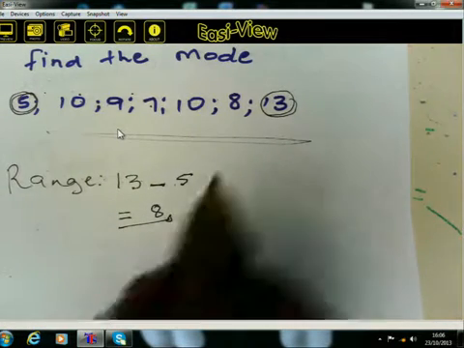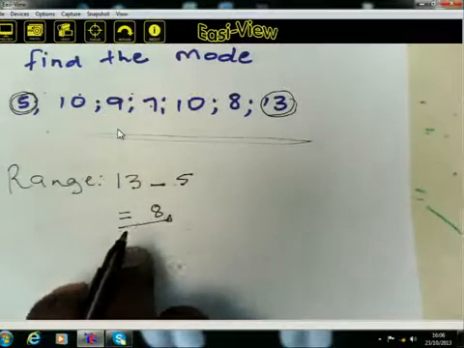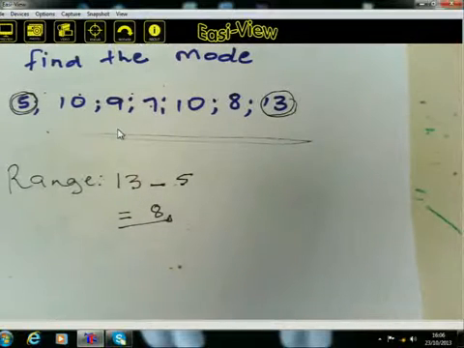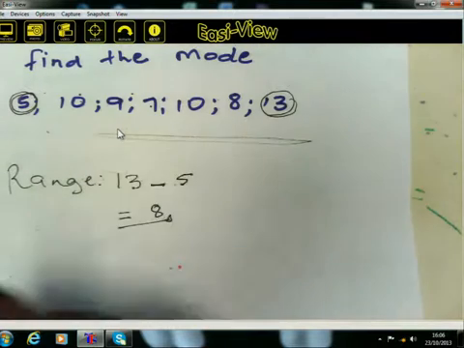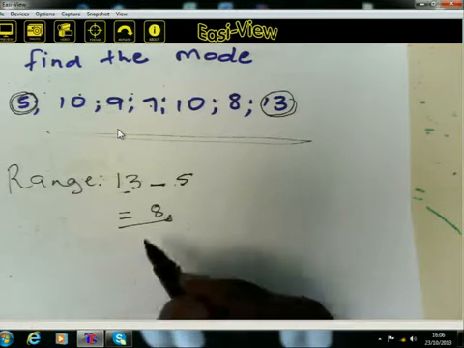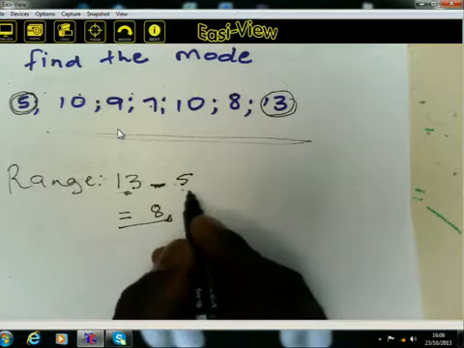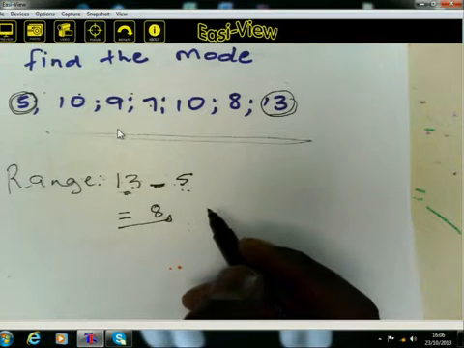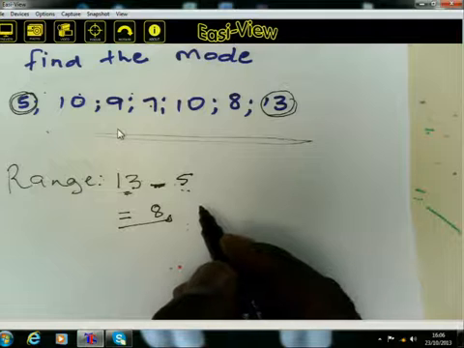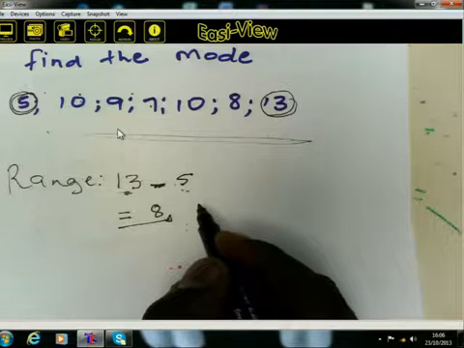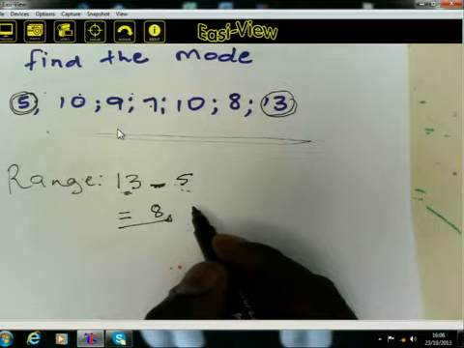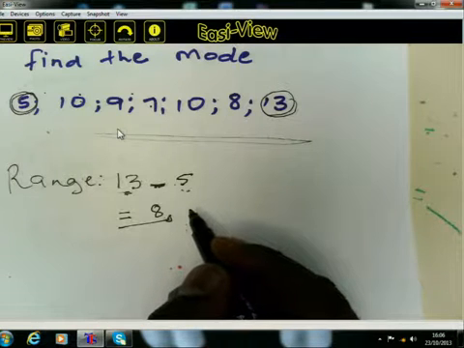That means the range of this data will be 8. The range of data is the difference between the highest and the lowest score.